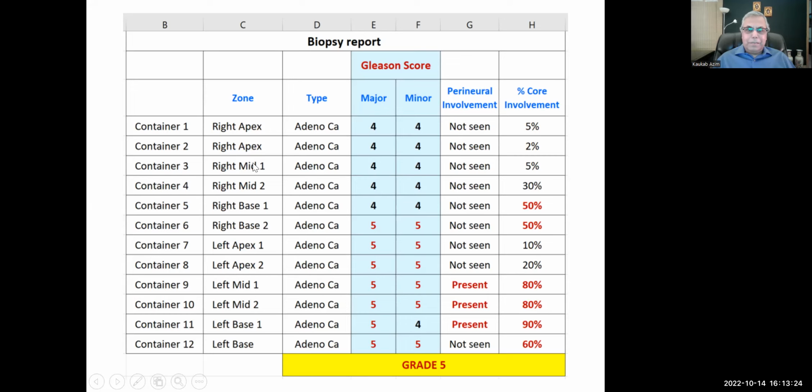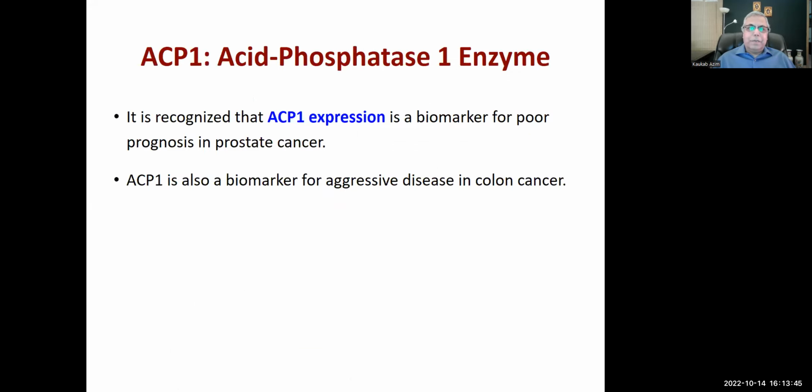These 2 are the apex regions. So it is the basal and the mid zones that are involved in this cancer, both on the right side and the left side. Okay, right base, and here too, the basal regions, 90%, 60%. So this was the discussion of the Gleason pattern and the biopsies.